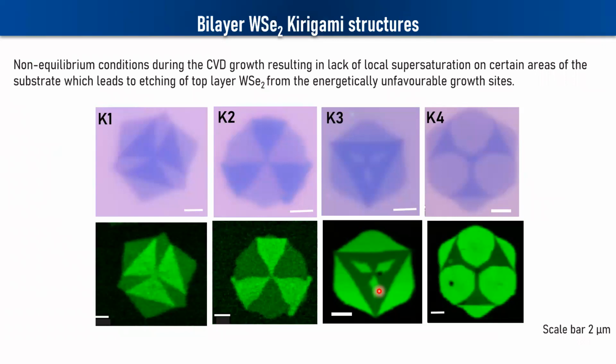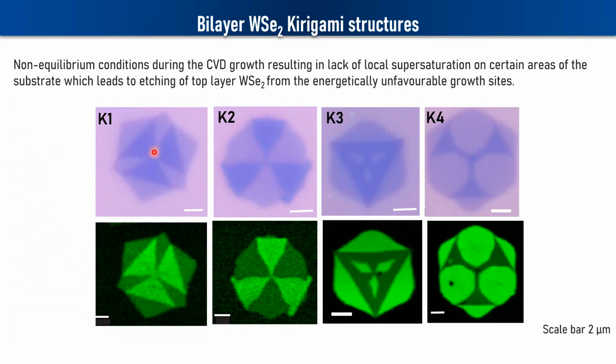Now, one of the interesting aspects is that during our growth, other than these triangles, we also see very interesting patterns like these. These are called kirigami structures, and they arise when you have non-equilibrium growth conditions.